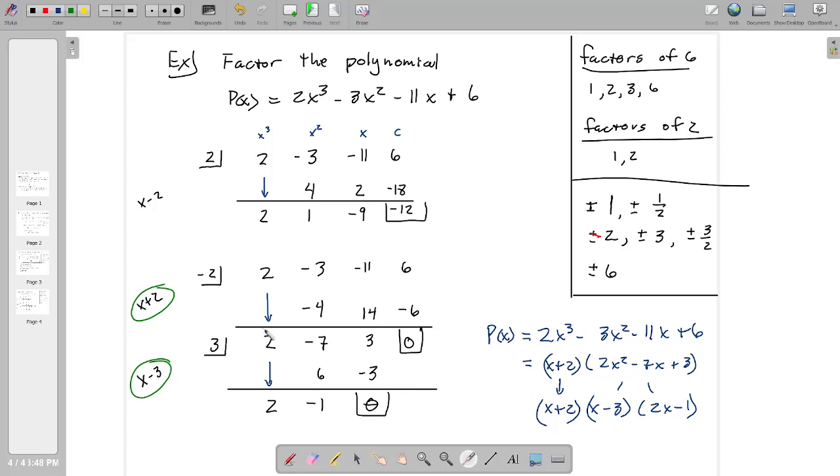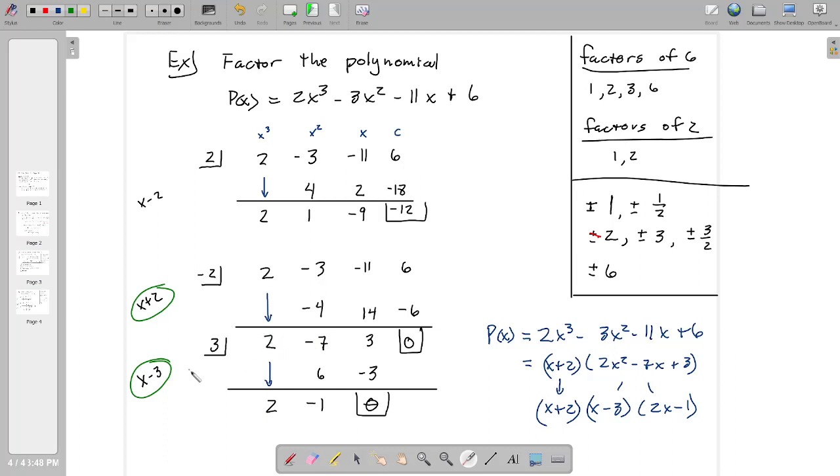I will note that in the middle here, I didn't reference any of these numbers, but notice how our constant term changed from a 6 to a 3. So actually, if we were to look for factors of this polynomial, we would only look at factors of 3 divided by factors of 2.